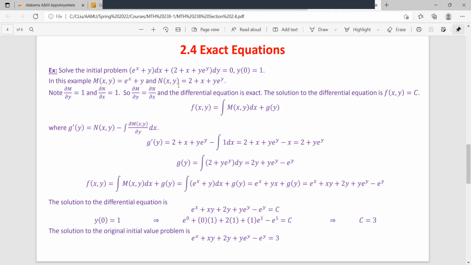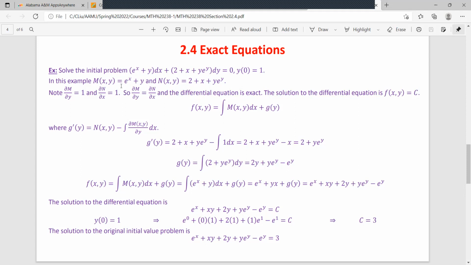All right. So we got the M and N, then we just start to check whether this differential is exact or not by using the criterion, partial M partial y equal to partial N partial x. If they are equal, then that means this differential equation is exact.